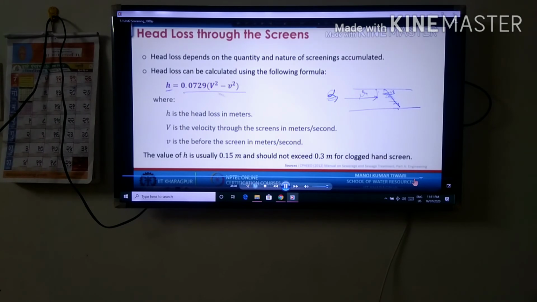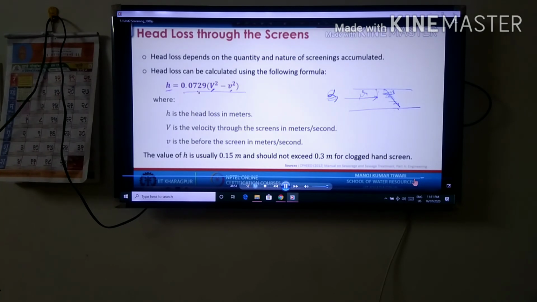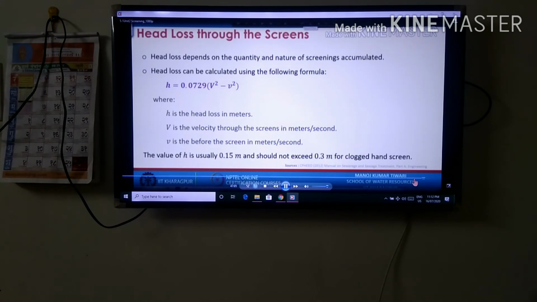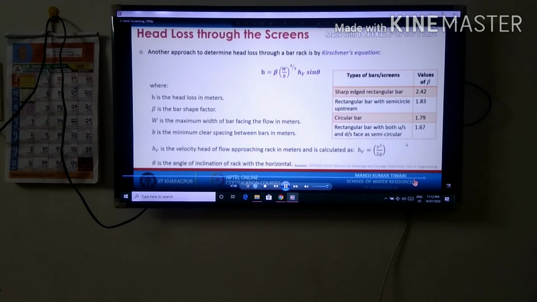That is why V is a little higher as opposed to v, and the difference of their squares multiplied by 0.0729 gives the head loss. The value of this head loss is usually 0.15 meter and should not exceed 0.3 meter for a clogged hand screen. So that is the criterion. If it exceeds that, we know that it's high time to clean the screens.